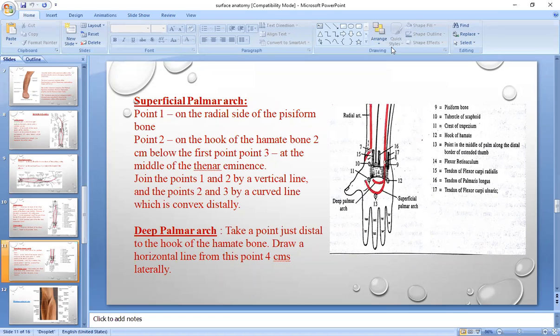So you should draw a curved line from just 2 centimeters distal to the pisiform bone, that is the hook of the hamate, horizontally for 4 centimeters. That will give the deep palmar arterial arch. Okay.